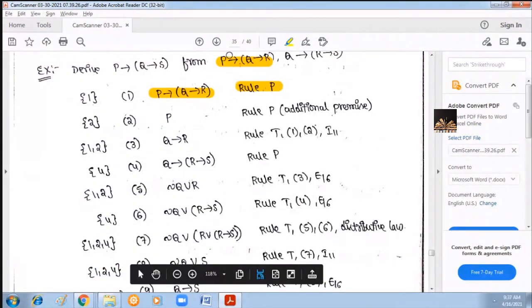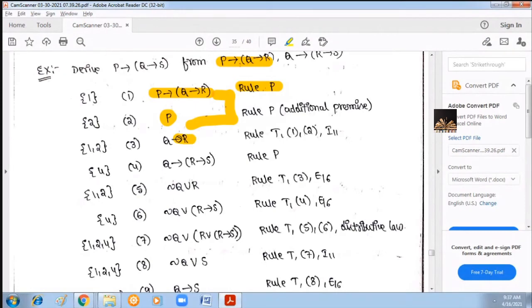So take one premise and one additional premise P. So when you combine these two, you will get Q tends to R. And here you have one more premise, Q tends to R tends to S. Right? So here you got Q tends to R as your conclusion, after combining 1 and 2. And one more premise is there.